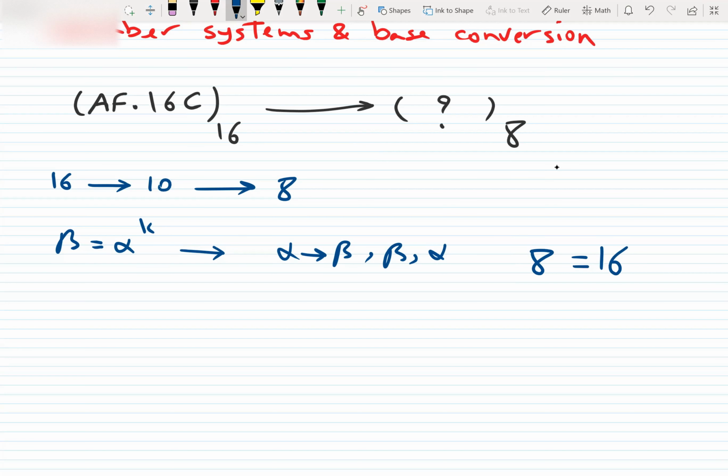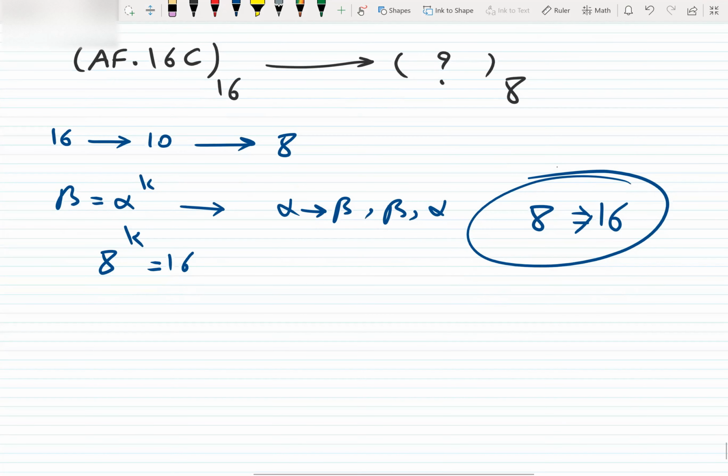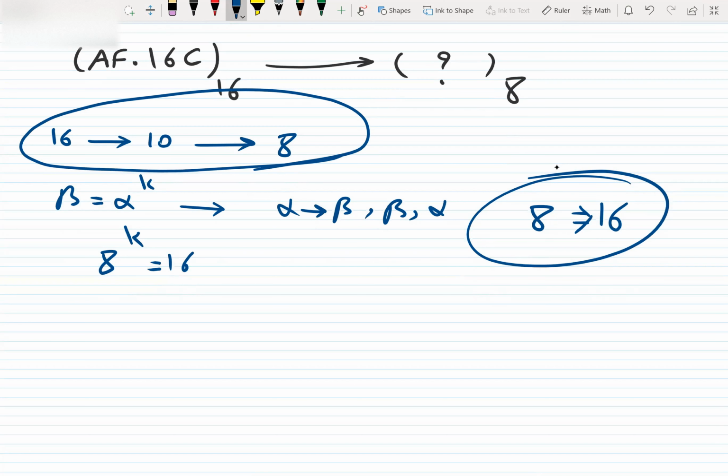So if we look at this equation, we see that we cannot find a relationship between 8 and 16 in a way that a to the power of k is equal to 16. So this shortcut is not going to work for these two bases. So the first method which still works is converting from base 16 to base 10 and from base 10 to base 8.